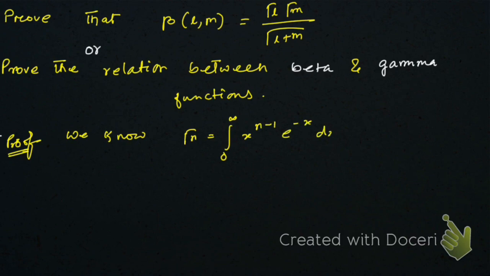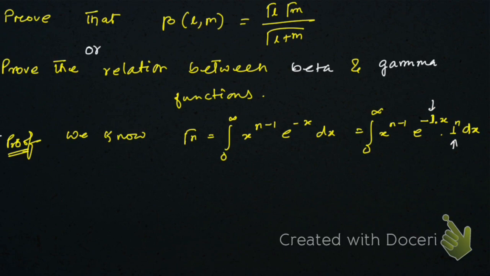x dx. Now let us assume the integral from 0 to infinity of x to the power n minus 1, we can consider that e to the power minus x is nothing but e to the power minus 1 into x dx, and we can also consider there is 1 to the power n, right? 1 to the power 1 is again also 1. So now when there is 1, we can consider 1 to the power n.